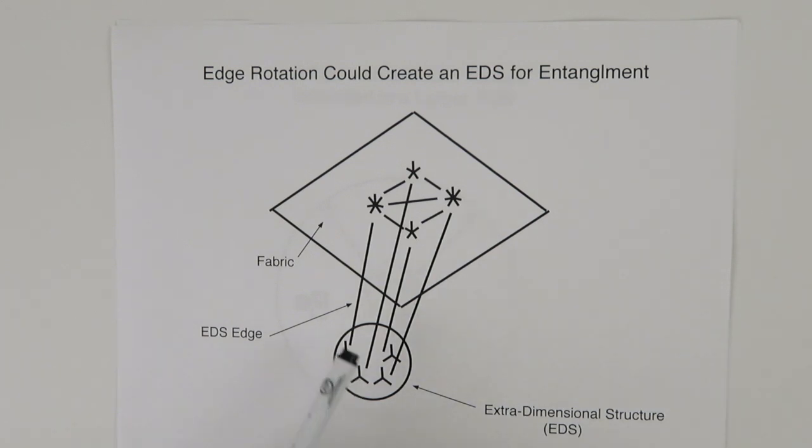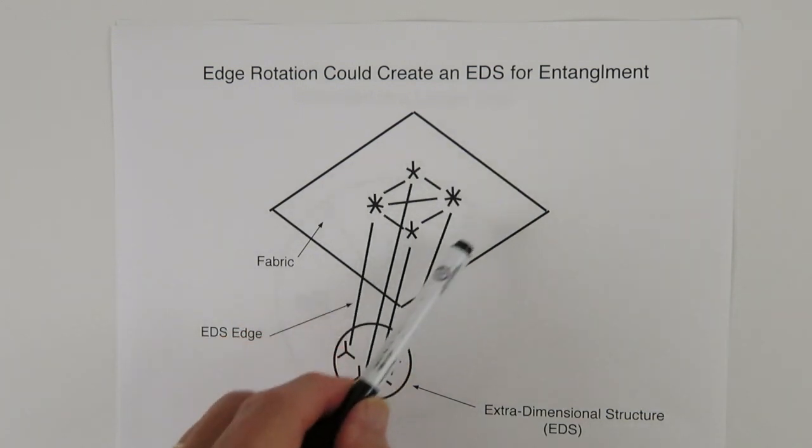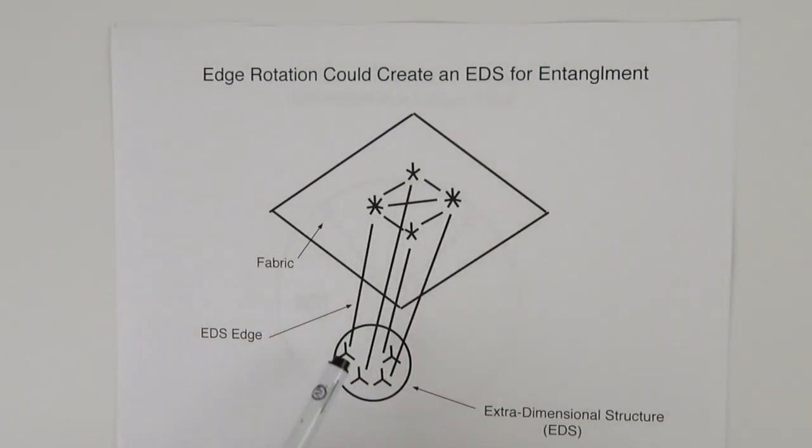Now, I haven't solved the problem of when does edge rotation occur, nor have I solved the problem of how to get this EDS to either come into existence or to prune itself off from some other larger EDS structure. Those problems I haven't resolved. But let's say we could resolve those problems. That would really be very, very, very neat, I must say.